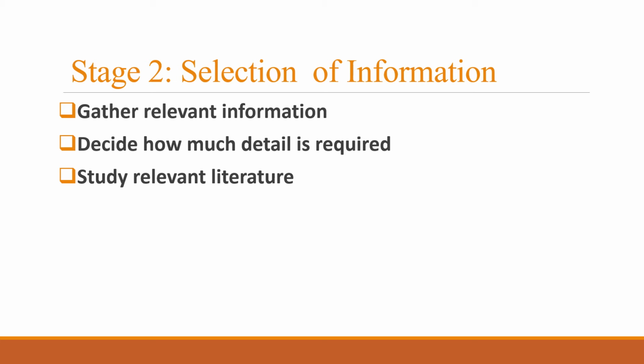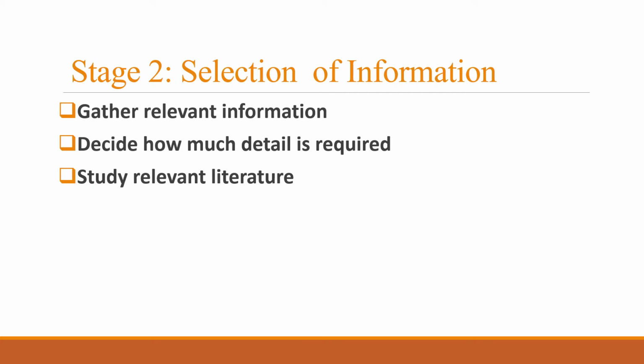The selection of information is an important step in report writing. The first sub point here is to gather relevant information. The first decision that the writer needs to make is to gather the relevant information for the report, because the audience, the person to whom you are writing this report, is much more concerned with the information.